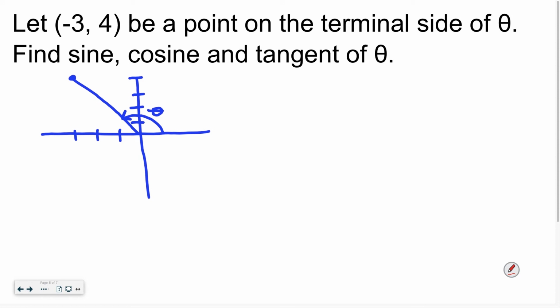So what we can do is we know that this is the reference angle right here, and we can draw a right triangle in the second quadrant to get our ratios. We know we went over 3 and up 4. Now, how many of you like the idea of labeling that as a -3 on the triangle?